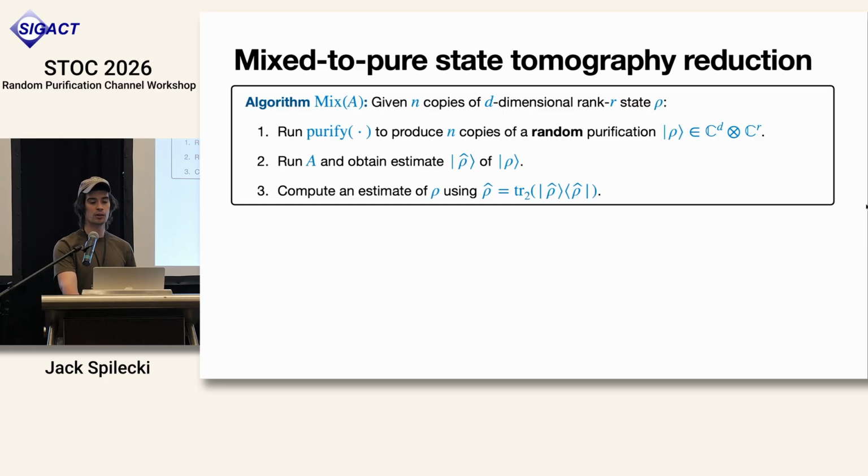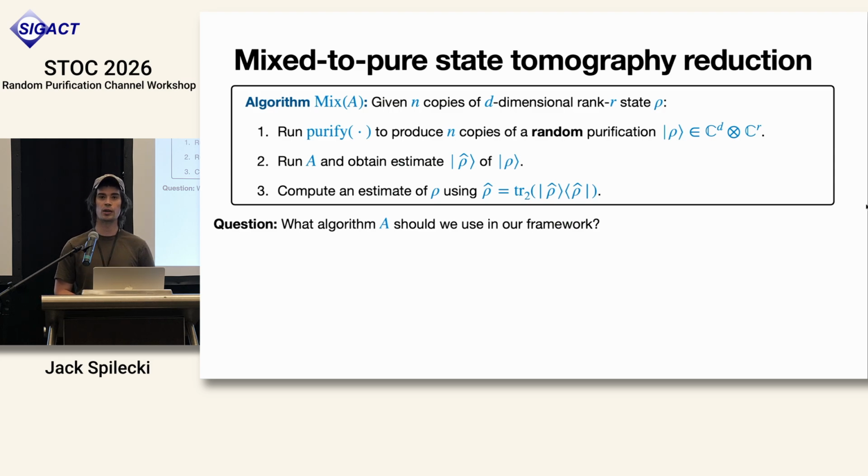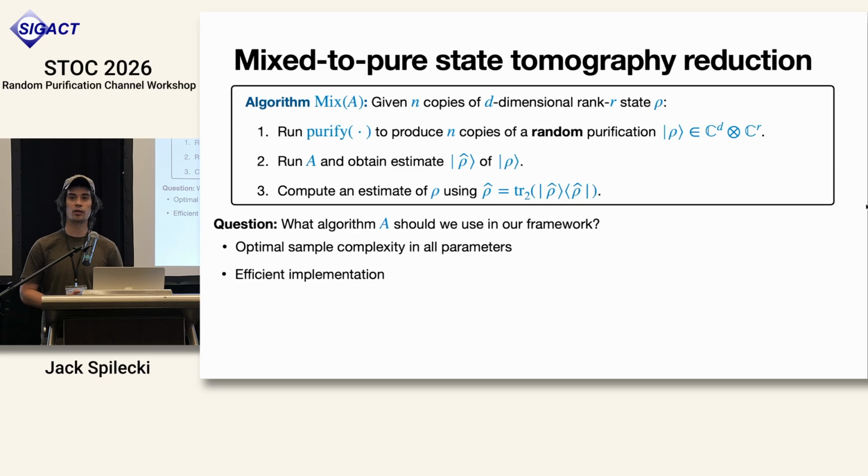Okay, so now the question is, which algorithms should we actually be putting into this reduction to get the things we want? Let me just remind you of some goals of ours. One goal would be to get an algorithm with optimal sample complexity in all parameters, including delta. Another goal might be to get an algorithm with an efficient implementation.